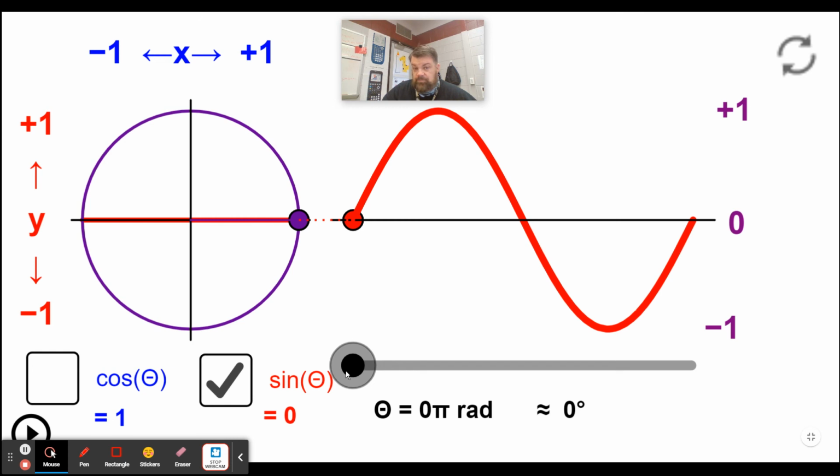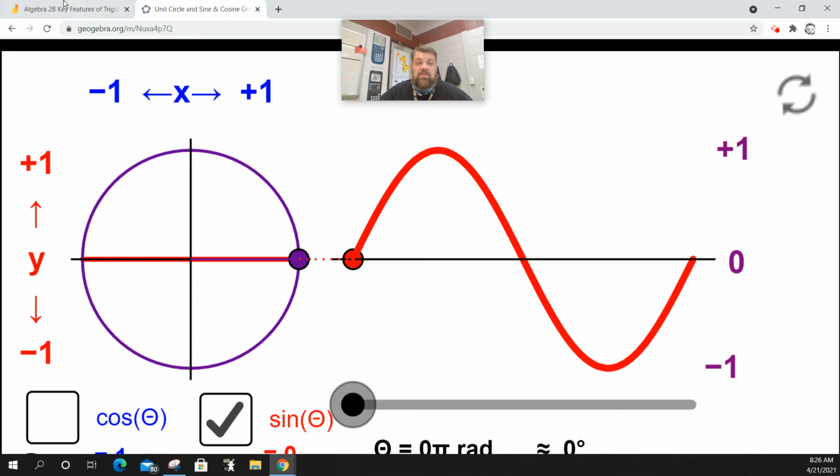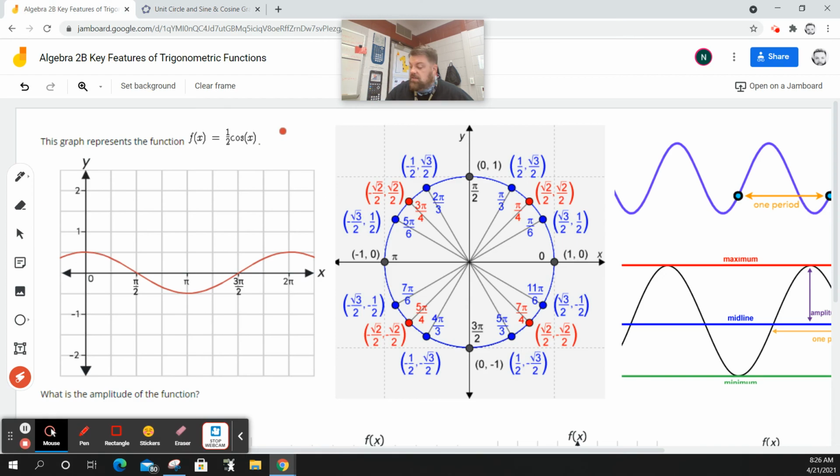So sine is equal to the y value, and the x value is cosine. So if I go back here, what we need to know is that on the unit circle, x corresponds to cosine of theta, and y corresponds to sine of theta.